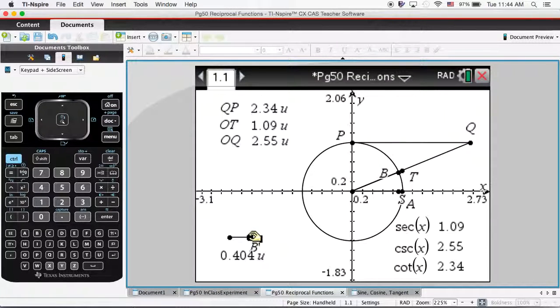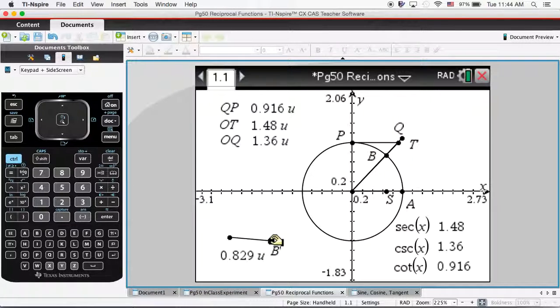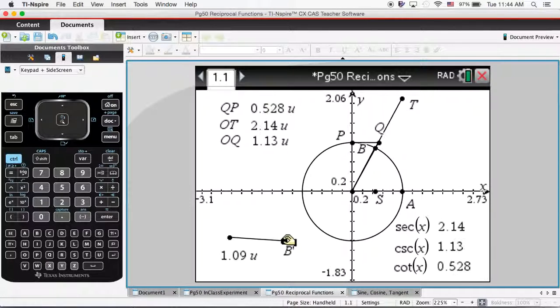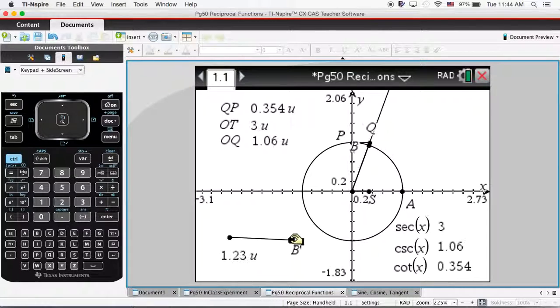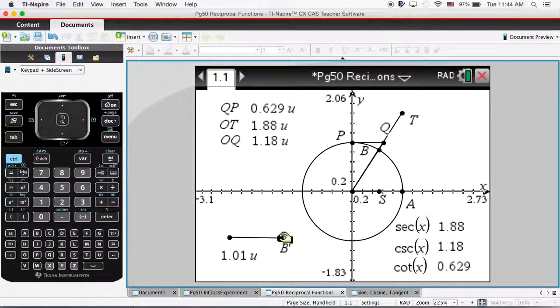So now secant is still the length of OT, cosecant is still the length of OQ, and cotangent, no matter where I move, is still the same as the length QP.